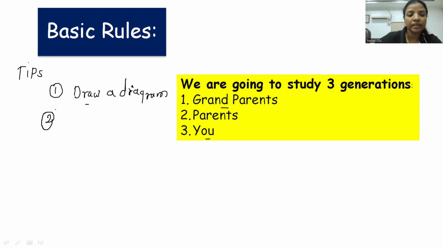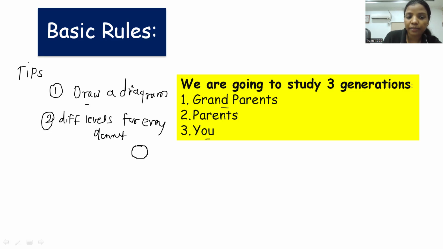The second important thing that I would suggest is that every generation has different levels. For example, you are here. I'm a girl, right? So I'm representing myself as a circle. My father, I will indicate by using this arrow, so he will be on the above generation.